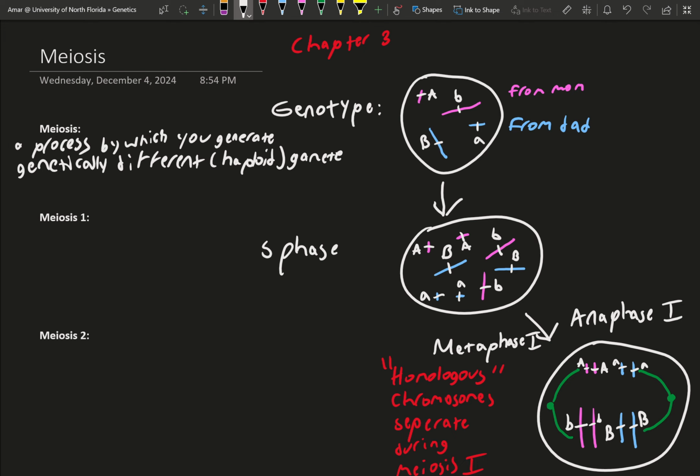Haploid gametes. So basically this is what it is. You're generating haploid gametes.